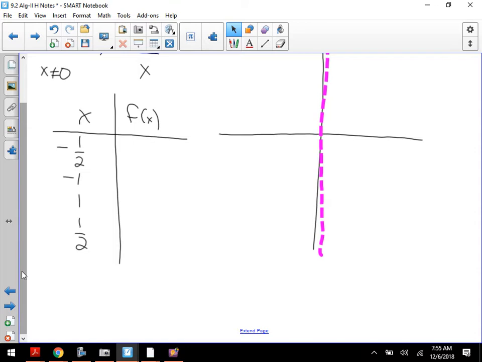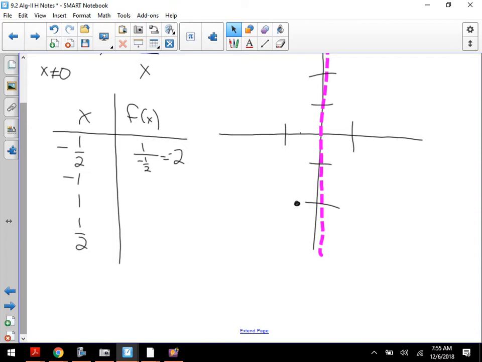Now, as you're going through this, we've worked with this before. This is 1 divided by negative 1/2. Which means you take that bottom fraction, you bring it up, and you flip it. So what's 1 divided by negative 1/2? -2. So if I'm looking at this at negative 1/2, it's at -2.